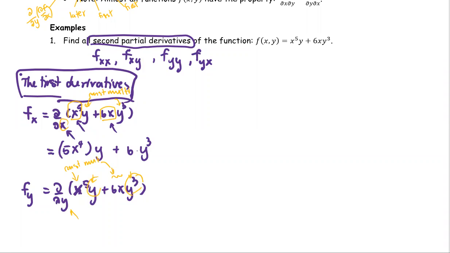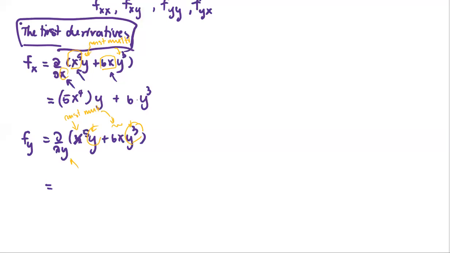The same thing, constant multiple. Then the first partial derivative with respect to y is going to be x to the fifth multiplied by 1 from the derivative of the y, plus the 6x as a constant multiple multiplied by 3y to the second from y to the third. Just clean up.